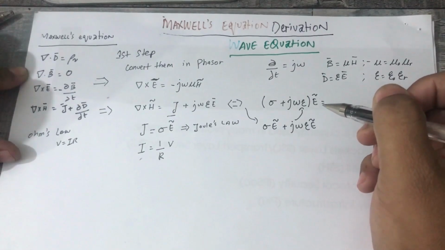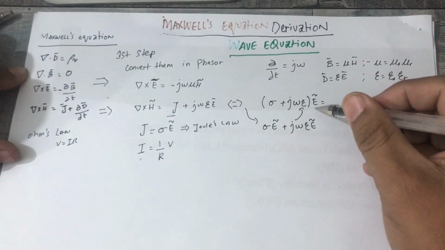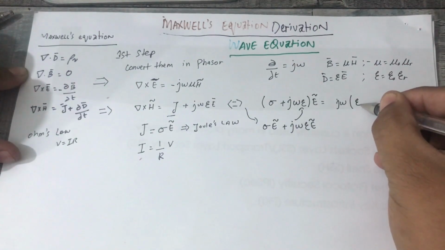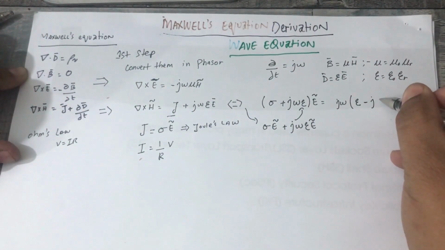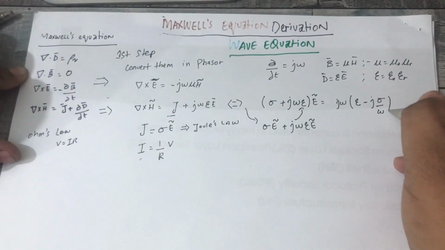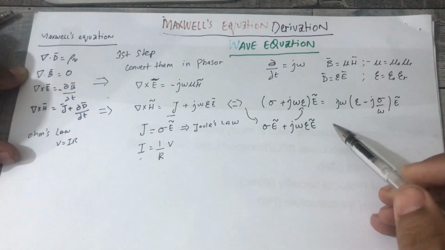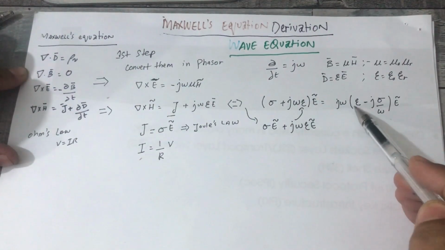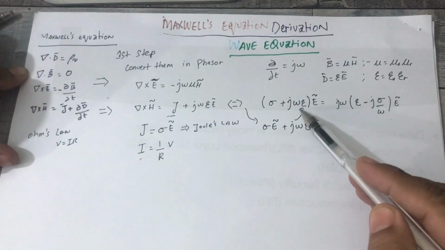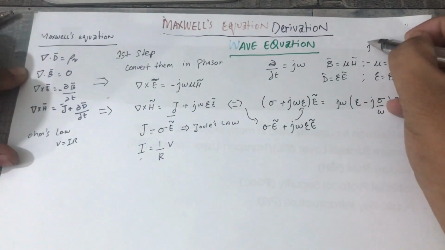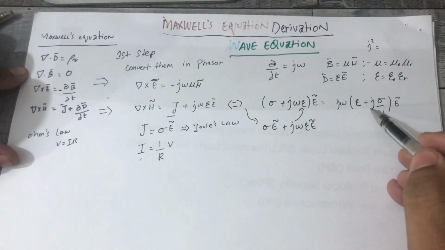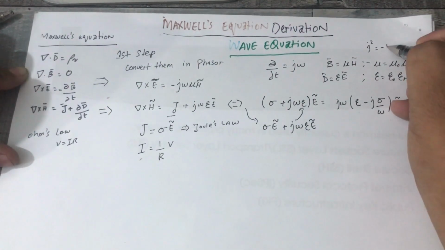Once I take this out, I can also write this equation in a different way. I can write this as j omega times epsilon minus j conductivity divided by omega, times E tilde. How do I do that? This is exactly the same thing; I've just taken out a common factor. Look at this. When I multiply j omega by epsilon, this becomes j omega epsilon. And I also know that j squared is equal to -1.